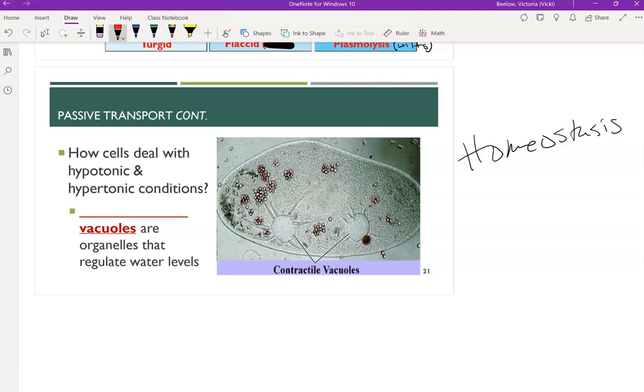A change could be the stimuli, the environment changing. The outside of the cell is changing. Maybe it's really salty water, maybe it's not salty water, whatever, there's a lot of solute, not a lot of solute, whatever that solute might be. So how does the cell respond to those changes in order to maintain homeostasis?